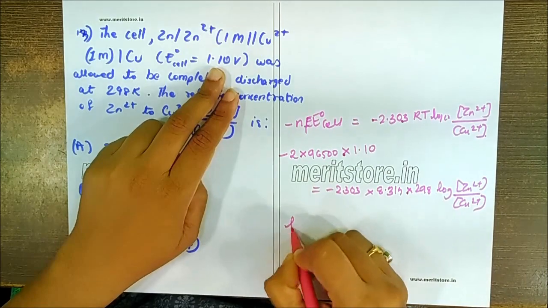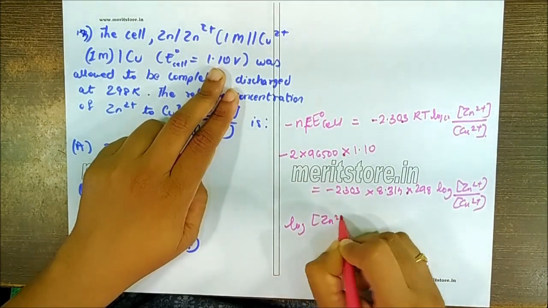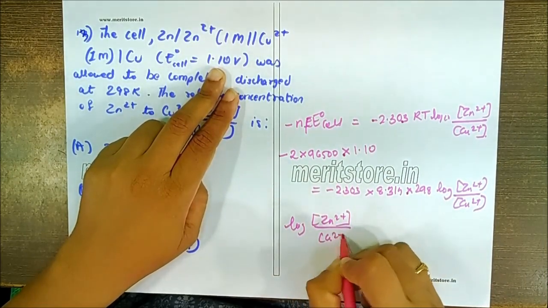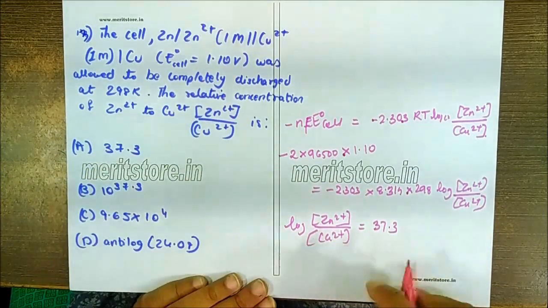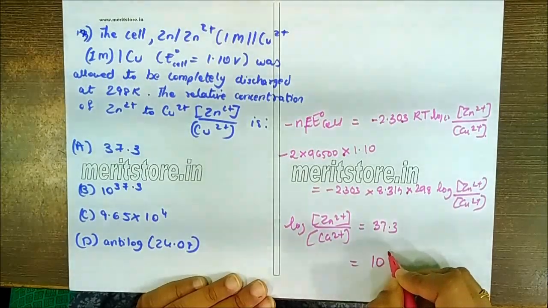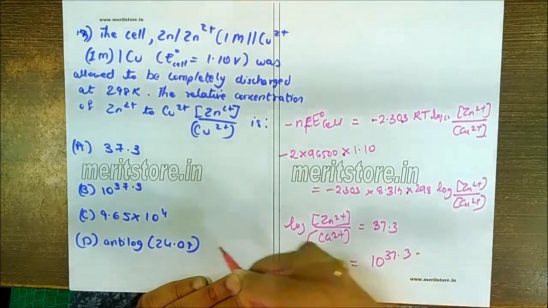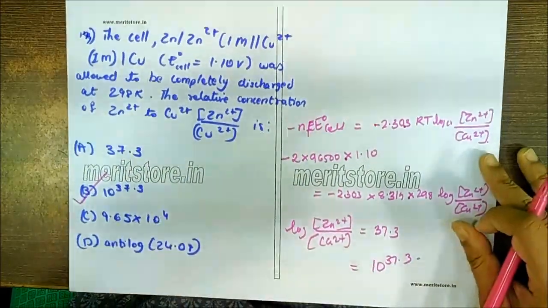When you calculate this, log [Zn2+]/[Cu2+] comes out to be 37.3. Taking antilog on both sides, this will be 10 raised to 37.3. So our answer is option B.